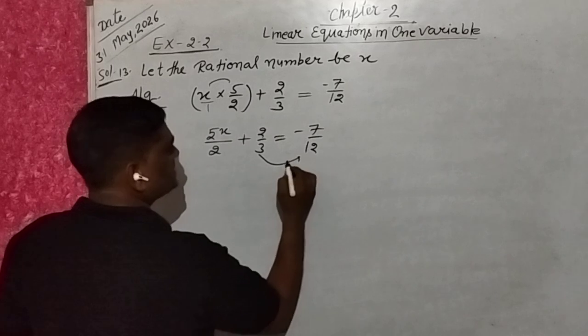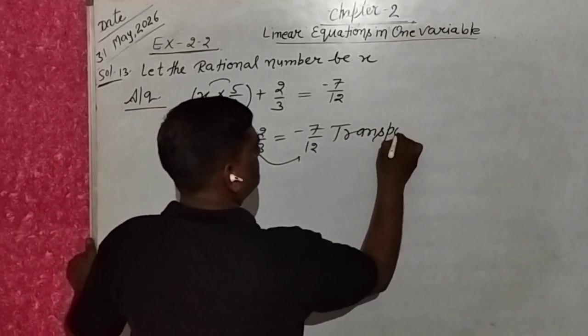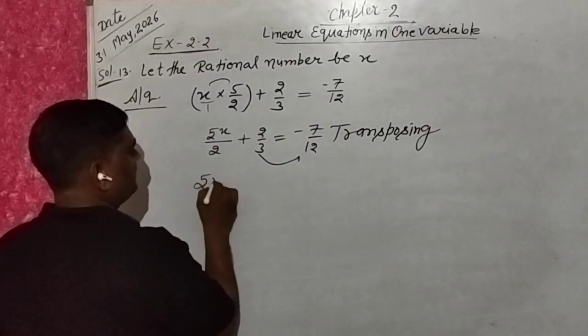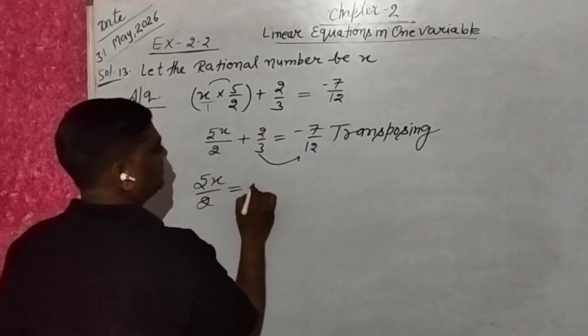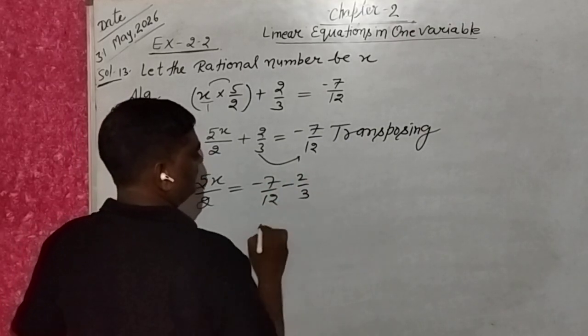If you transpose, 5x upon 2 is equal to minus 7 upon 12 minus 2 upon 3.